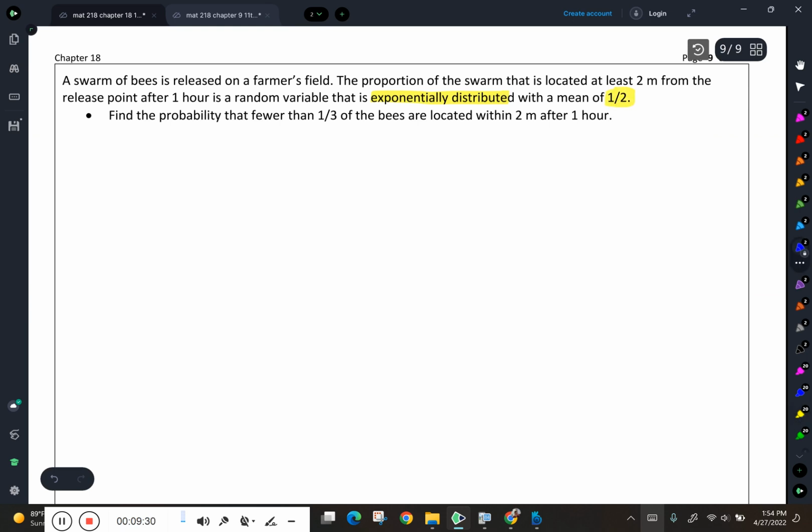Okay? If it's exponentially distributed with a mean of 1/2, that tells me that A is equal to 1 divided by 1/2. 1 divided by 1/2 is 2.